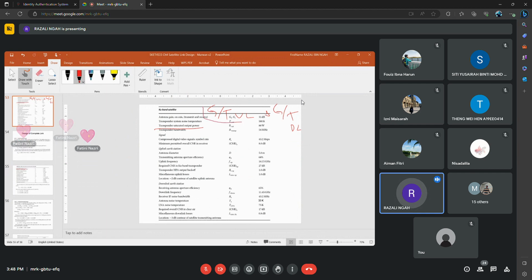So if we want to determine G over T for uplink, what is your receiver for uplink? Is it on the earth station or is it in the satellite?